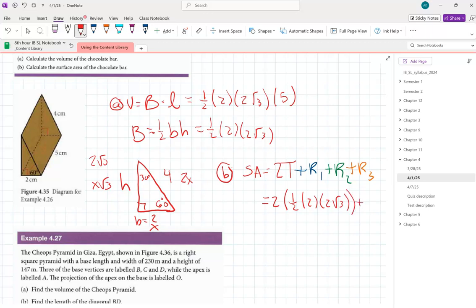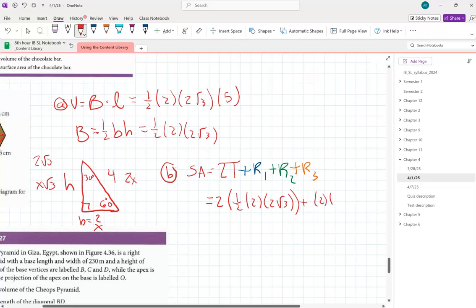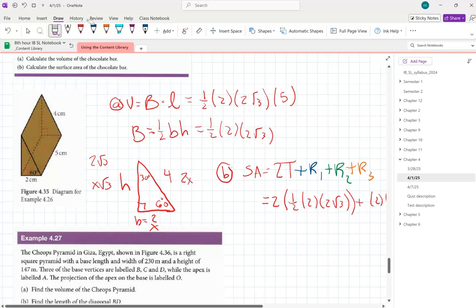So the first rectangle, we'll say, is this bottom one. So that's just going to be 2 times 5, right? The next rectangle, we'll say, is this one in front. That's 4 times 5.